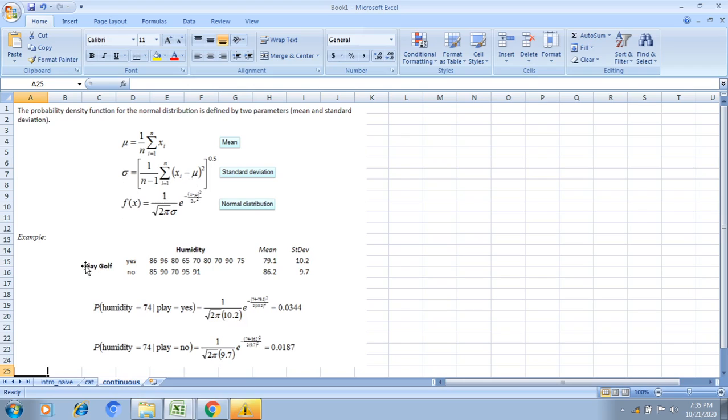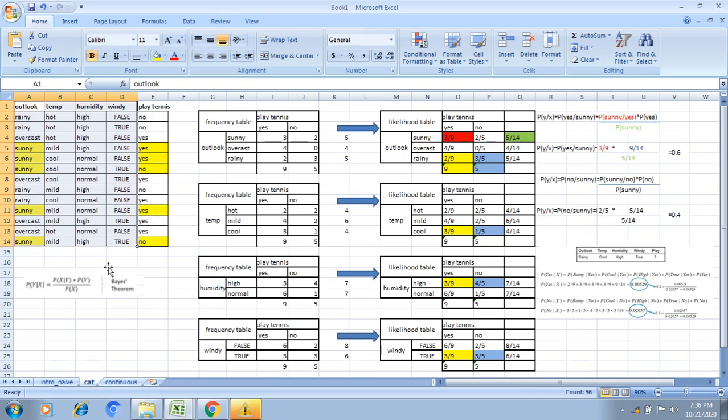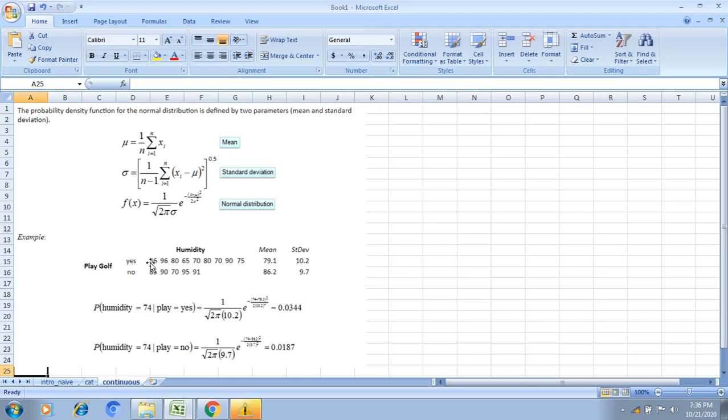Here I have some data: play golf, yes, with different data sets, and similarly for no. We have continuous data for humidity for yes and also for no. I am calculating the mean for the complete yes data and the complete no data, and also the standard deviation for each. Since I know the standard deviation for yes and no, we can calculate easily.